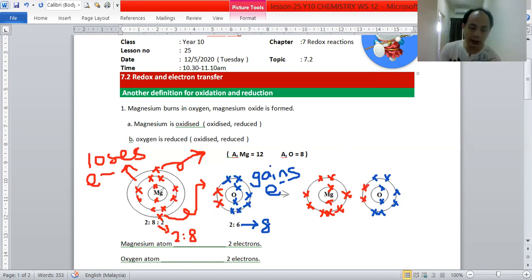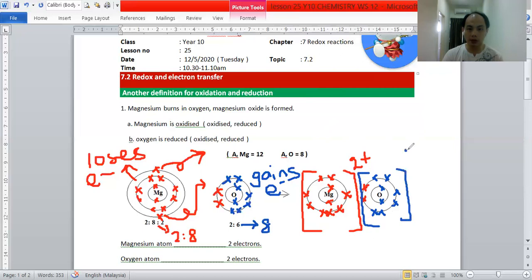On the left hand side, the reactants are atoms. On the right hand side, they are products. Magnesium was in the form of an atom, and now it becomes an ion. So we draw brackets because it loses 2 electrons, so 2 plus, because it loses 2 electrons and becomes positively charged. While oxygen gains 2 electrons from magnesium, so it becomes 2 minus.